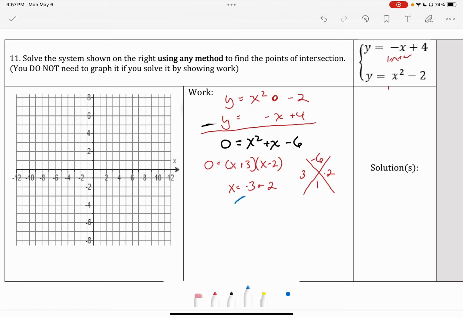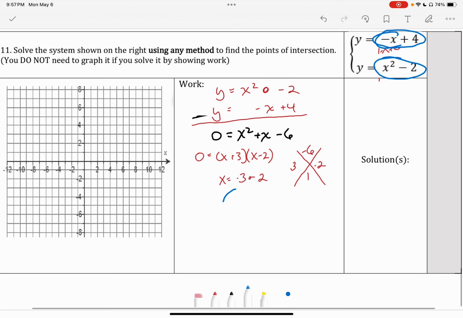Now what we need to do with those x values is find the y values. So I'm going to make x be negative 3, and I'm going to sub that back into one of the two equations. So again, I could do that equation or that equation. And honestly, with the negative x there, I don't mind just using the x squared. So we're going to do y equals x squared minus 2.